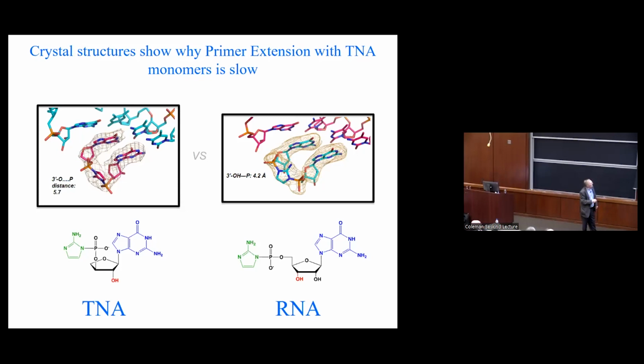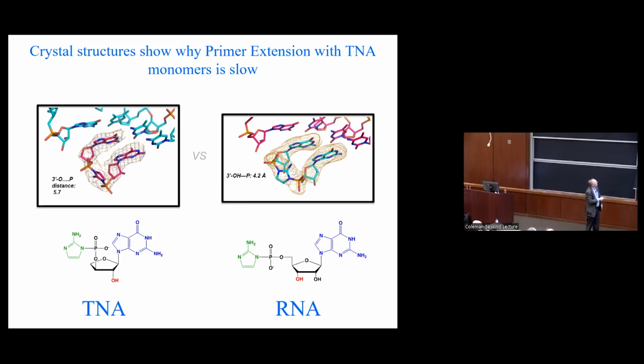And so the thing that makes TNA so much worse is the fact that it's missing this 1 carbon atom here. So the phosphate, instead of being held out away from the sugar, where it's sort of poised to react, it's held in close, right over the sugar. So it's very crowded in there, and it's hard to make the reaction go. Okay?